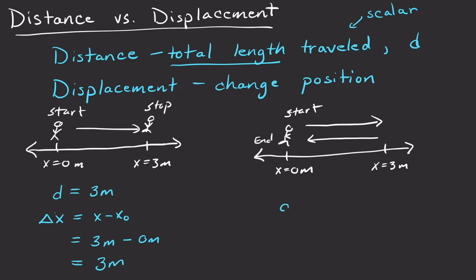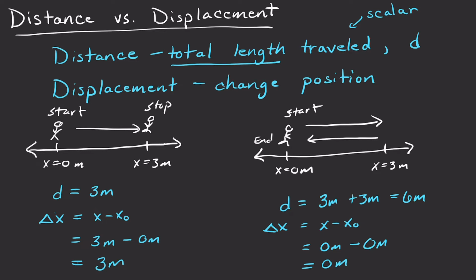So now your total distance, the total length you traveled, where you went 3 meters to the right and 3 meters to the left, so 3 meters plus another 3 meters, or 6 meters, your displacement, final minus initial position, well, you started at x equals 0 meters and you ended at x equals 0 meters, so your net displacement was 0 meters.